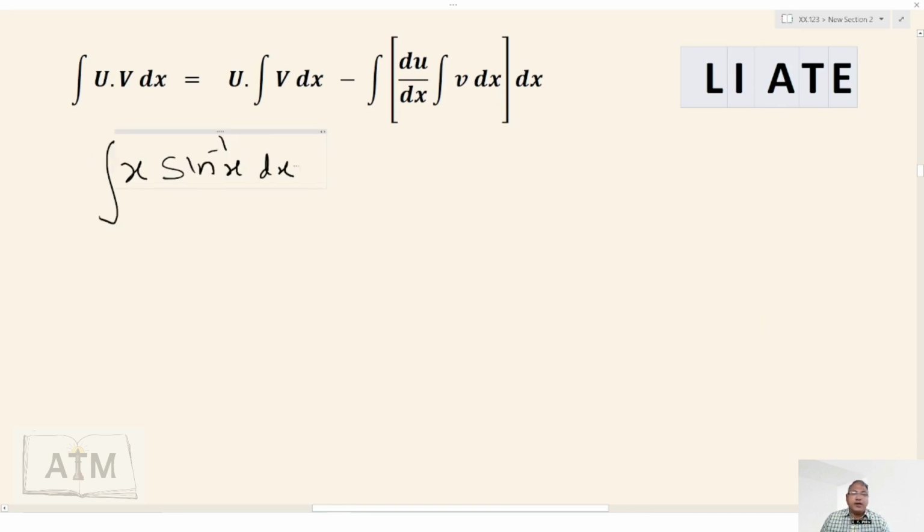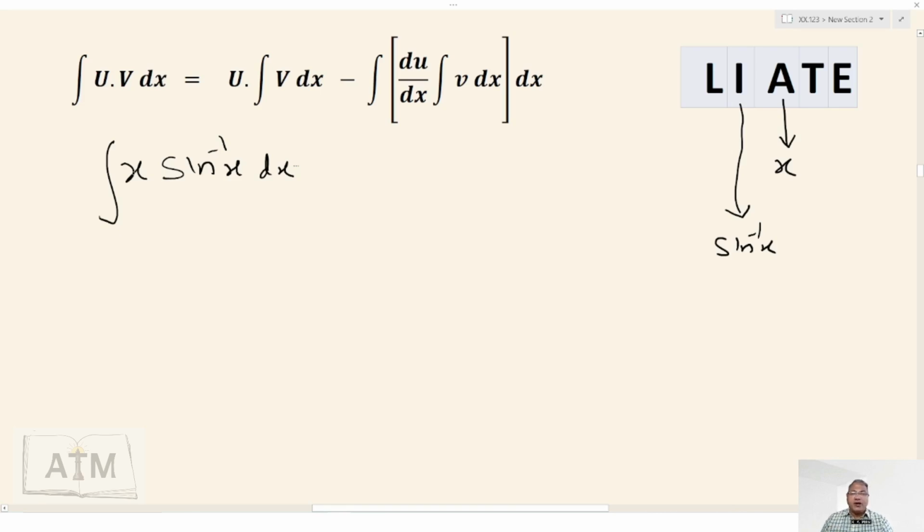In this example, integration of x into sin inverse x with respect to x. The x is algebra, so below A, write down x here. And sin inverse x comes under inverse trigonometry, that is I. You see that x was written first, so can we call it u?